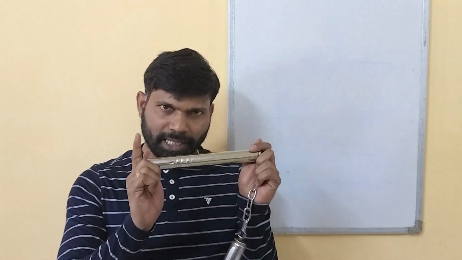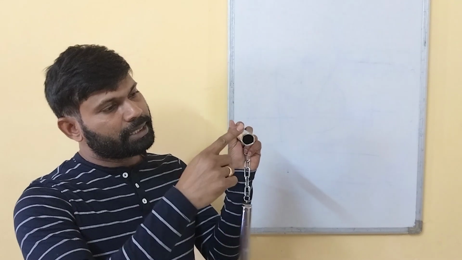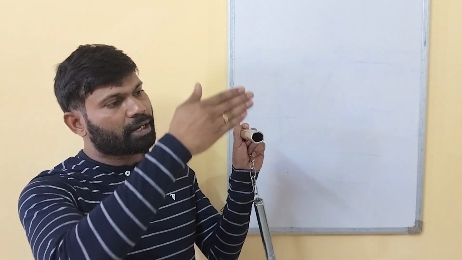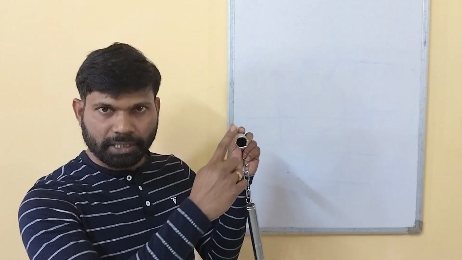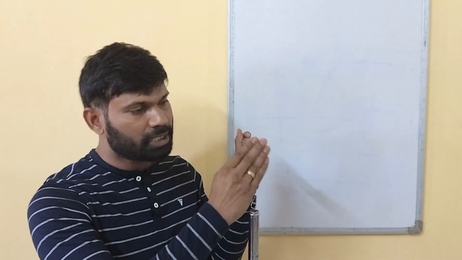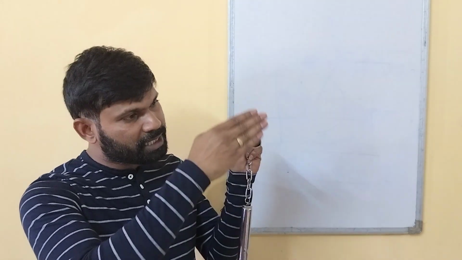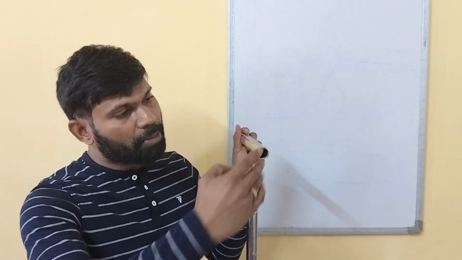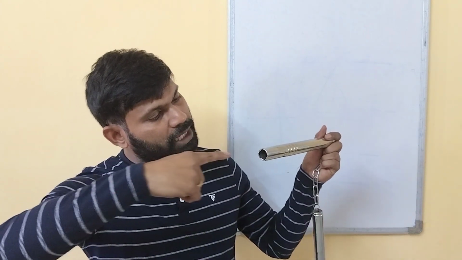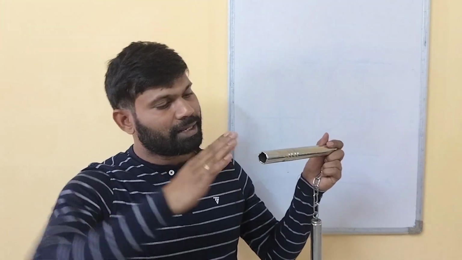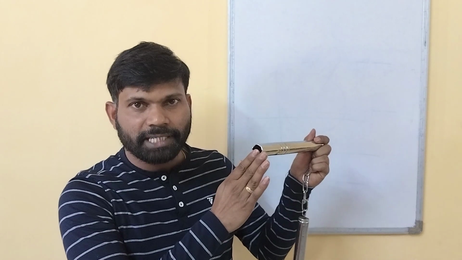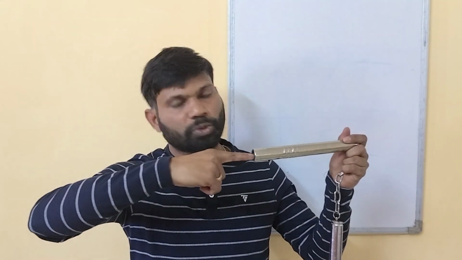This is a solid. This is the cross-sectional area of the solid. You assume it is fully solid. This is the surface. Now I am applying force perpendicular to the plane. This is the plane, this is the surface. I am applying force perpendicular to this.